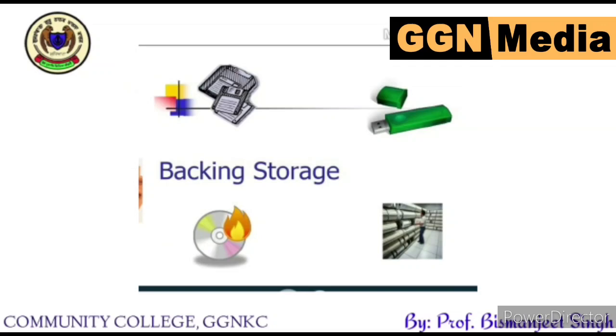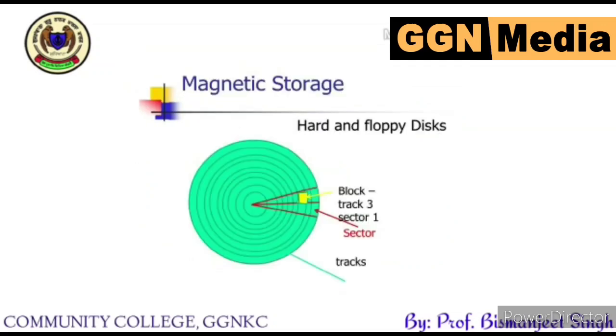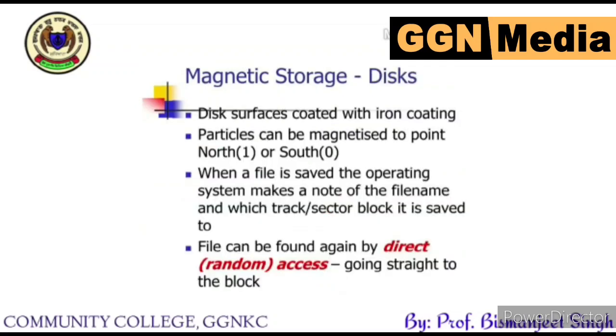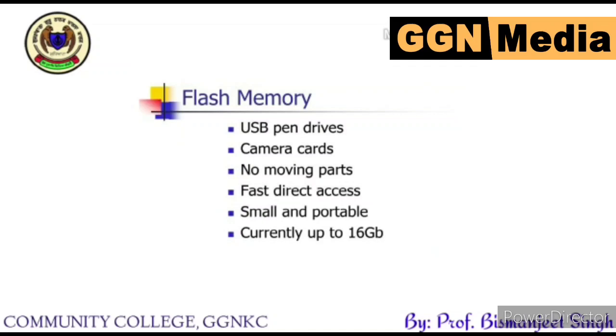Storage devices: magnetic storage devices, hard and floppy disks, they have an iron coating on them. Flash memory, pen drives, camera cards, etc.